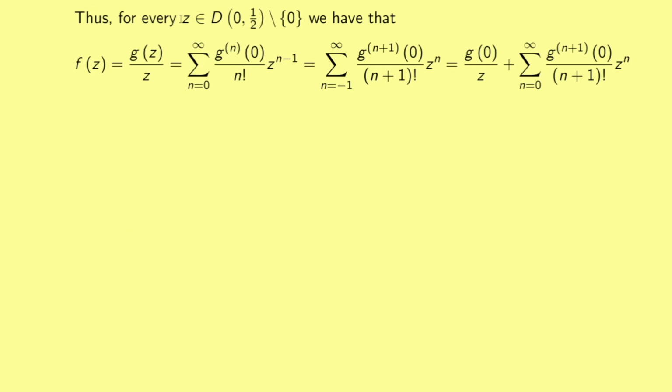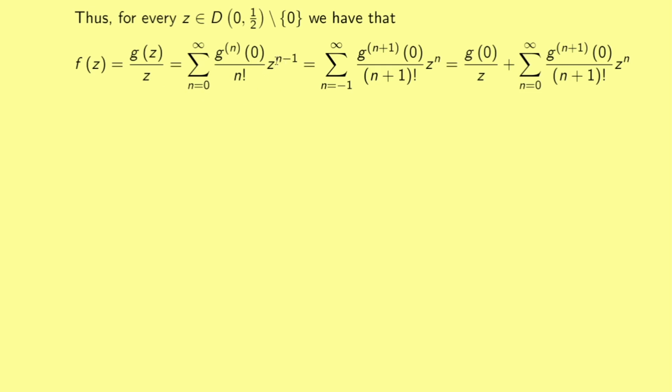For every z in the open disk centered at 0 of radius 1/2 minus the point 0, we have that f of z equals g of z divided by z. But g is given by a Taylor series. Since I'm dividing the Taylor series by z, I get this expression.